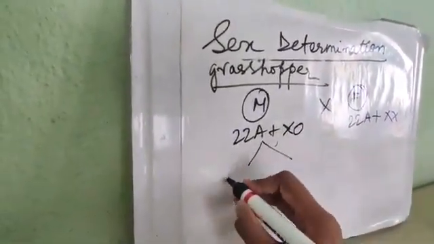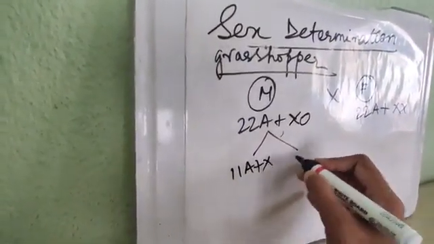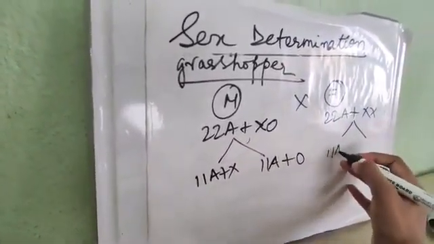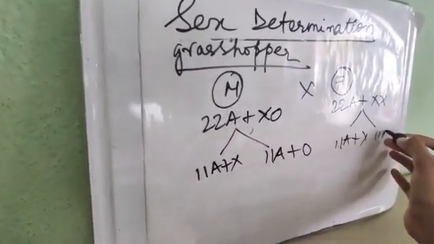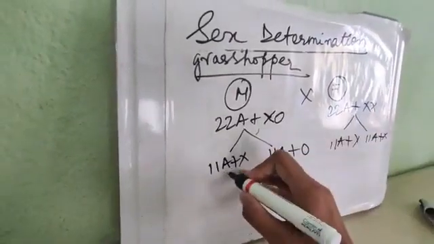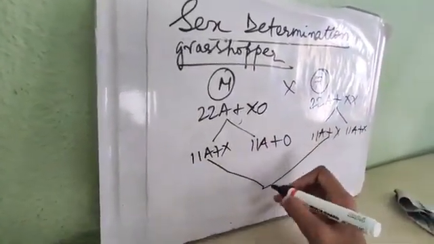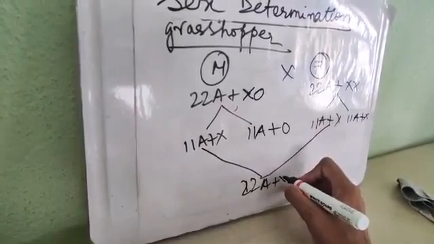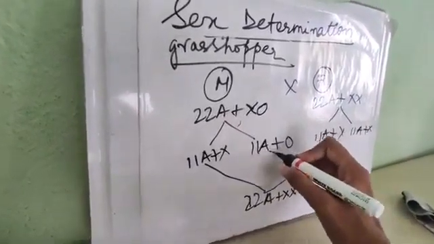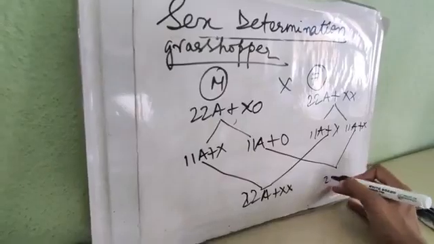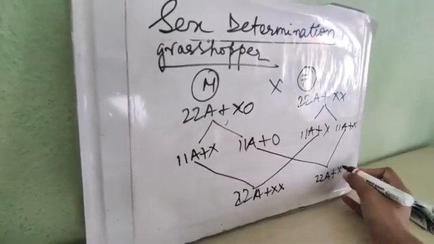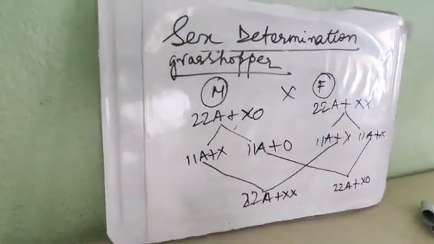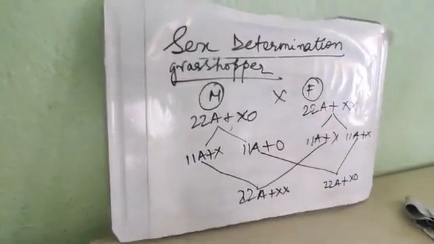So the gametes we get are 11A+X and 11A+O from the male, and 11A+X, 11A+X from the female. Now if 11A+X combines with 11A+X, it will produce 22A+XX, which is a female. And if this O combines with 11A+X, then we will get 22A+XO, which is a male. So this is the sex determination process in case of man, bird and grasshopper.